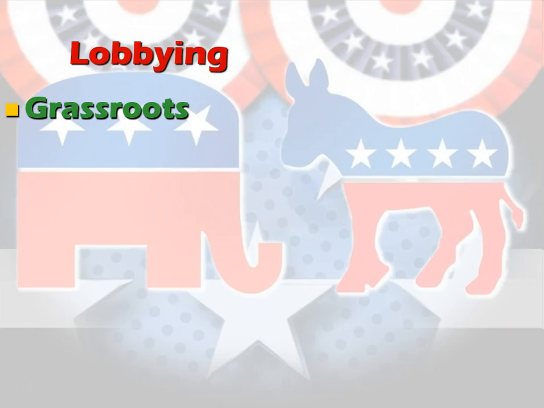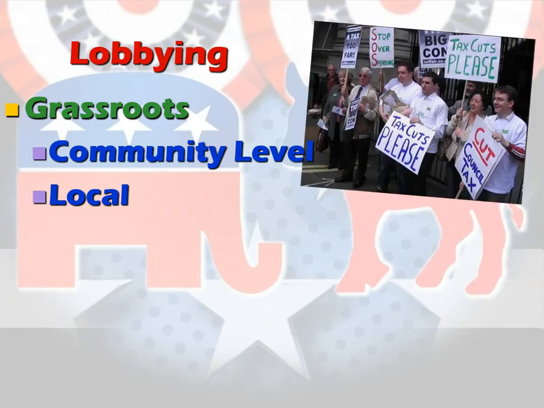All right, so there are two types of lobbyists out there. There are grassroots lobbyists, and grassroots lobbyists are people like you and me, people who are not professional, just people within the community who are interested in politics, interested in a particular issue. They work very much at the local level or the community level.